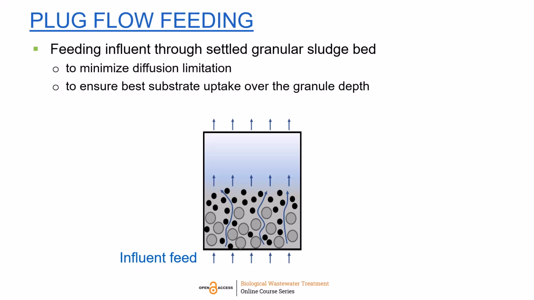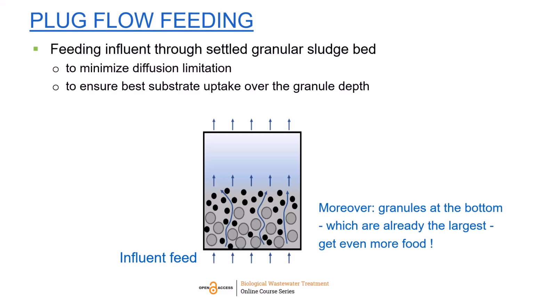In this way, diffusion limitation is minimized and the substrate can be taken up over the whole depth of the granule. Moreover, in this way, the larger granules at the bottom of the reactor receive the most food, while the slow settling flocs at the top receive less food. So there is a type of self-stabilizing effect.